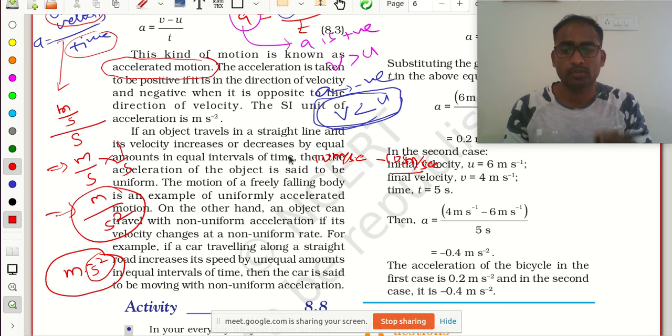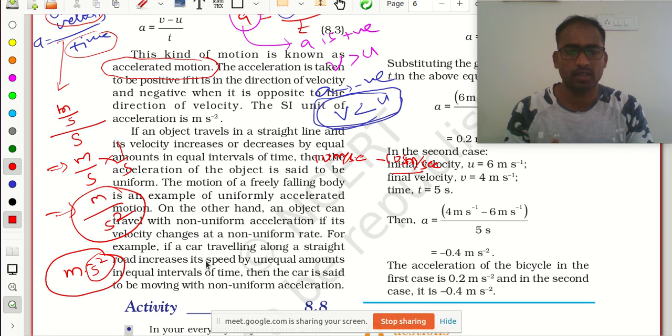Next, how can we say an object is moving with non-uniform acceleration? Suppose you are moving in a car along a straight road and we increase our speed.